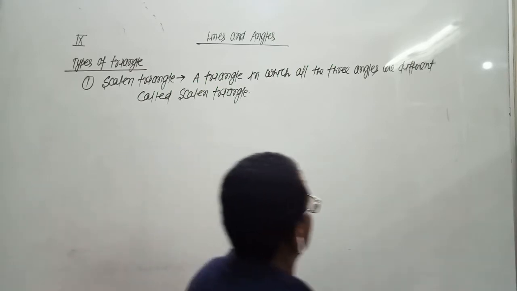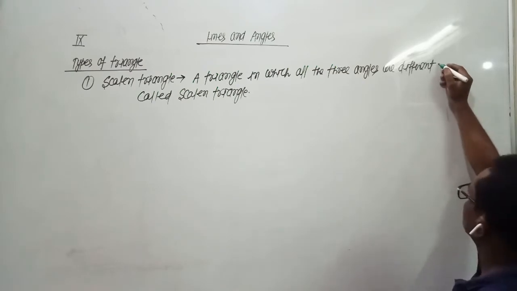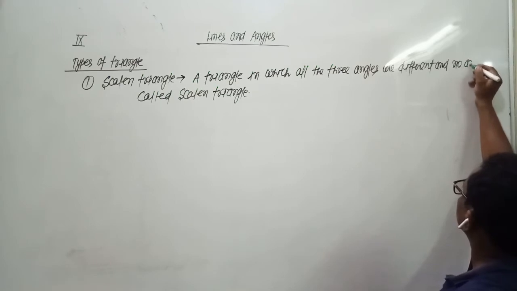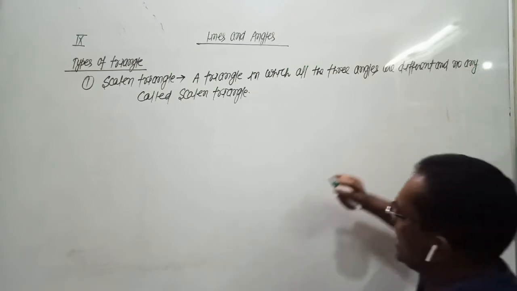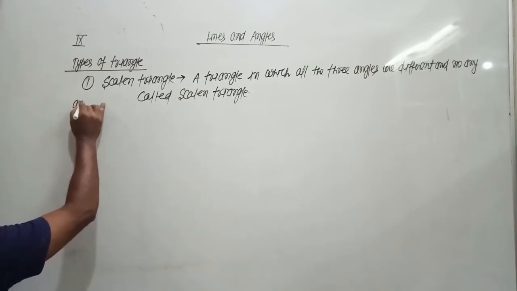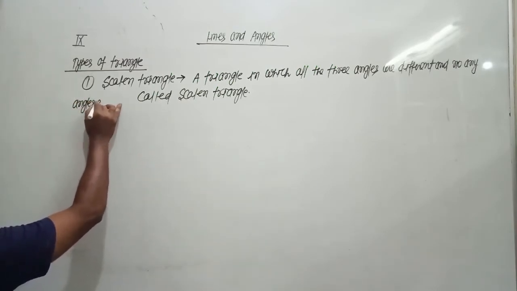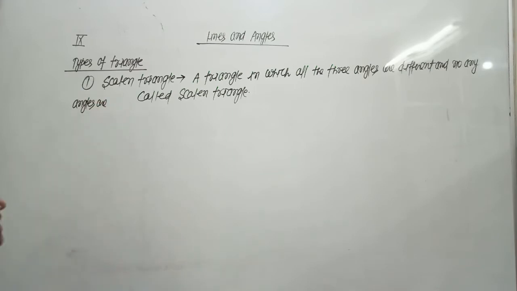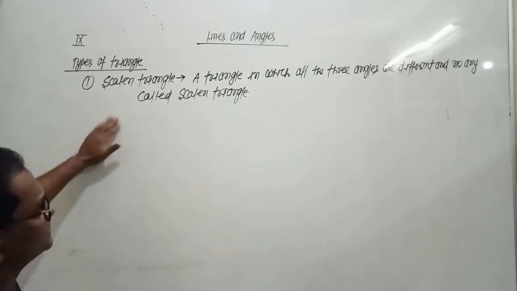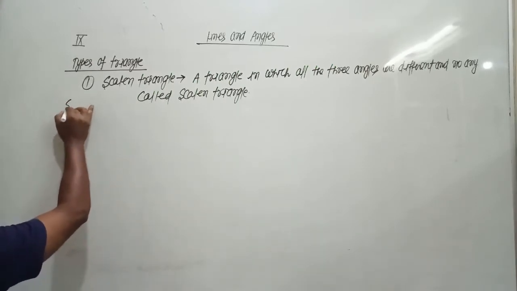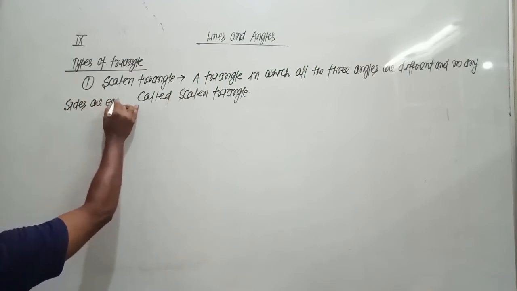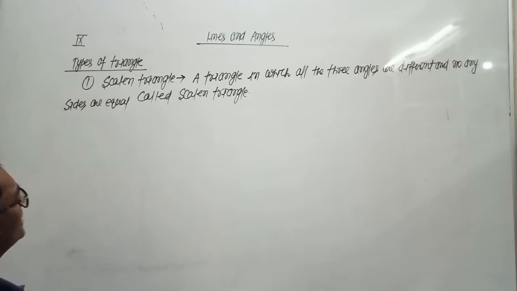All the three angles are different and no sides are equal, called a scalene triangle.